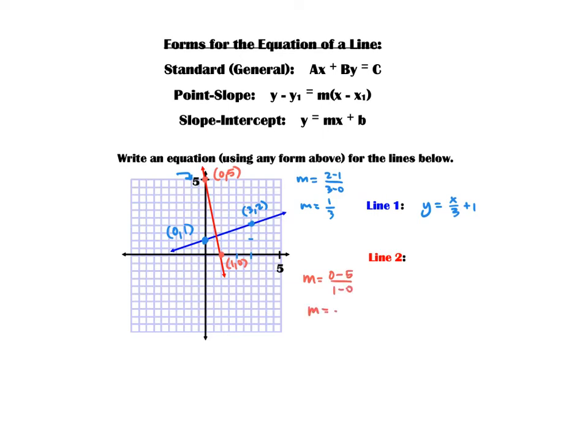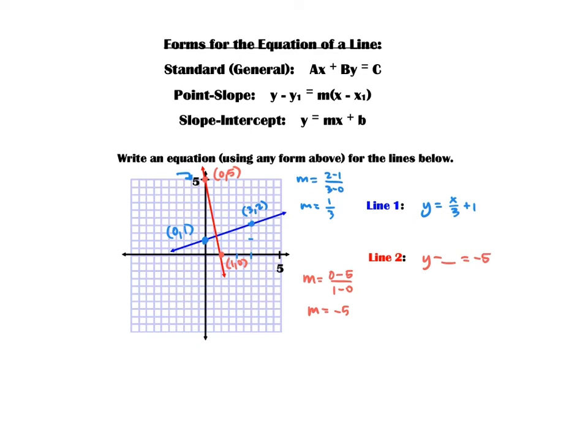So the slope of this line is -5. Okay, and I'm able to use either the point (0, 5) or (1, 0). I'm going to choose to use (0, 5). I like to use the point where x equals 0. It makes everything kind of fall together very nicely.